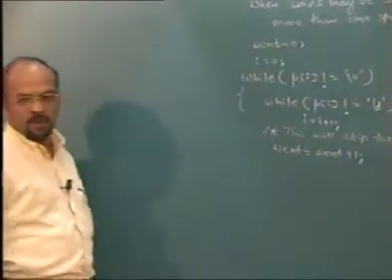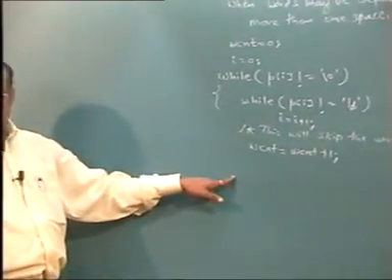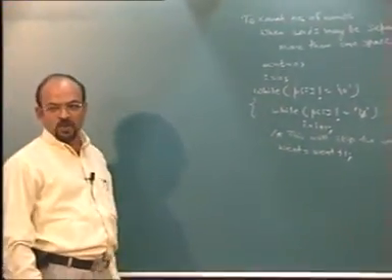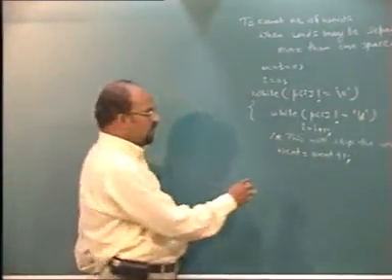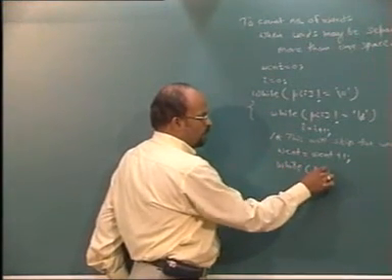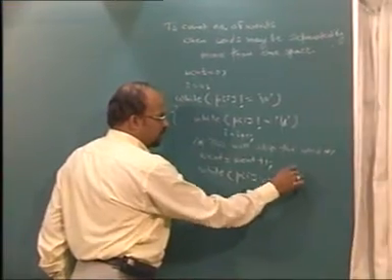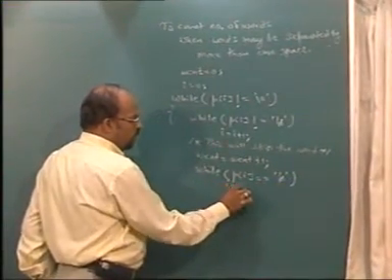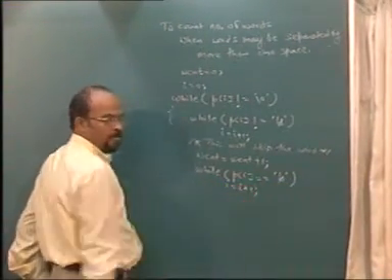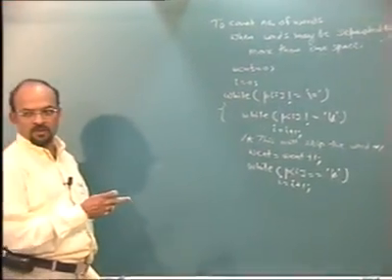One word is over. Now you are sure that you are at a space and there could be several spaces, so you are required to skip the spaces. So we will say that while P of I is equal to space, I equal to I plus 1. So you will again be at a non-space and you will go back.